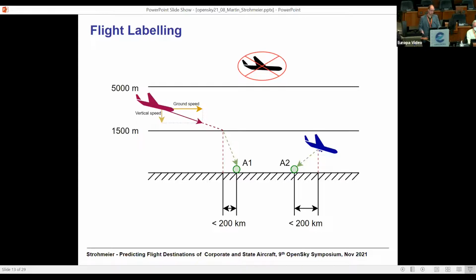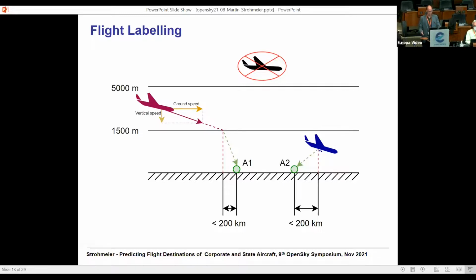There are 3 zones, essentially. If the last known point of the aircraft trajectory that we got is above 5,000 meters, we just assume, well, it left coverage of OpenSky, and we simply don't know where it's going. You cannot actually derive any information from that. If it's between 1,500 and 5,000 meters, we basically take a first-order approximation of where it's going based on heading and speed, and then look at the nearest airport and use that as our ground truth here.